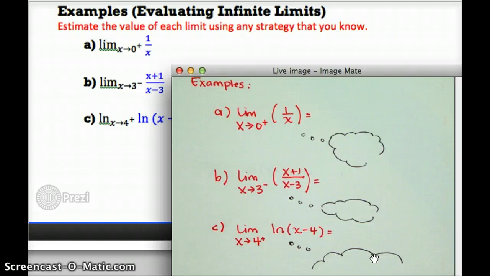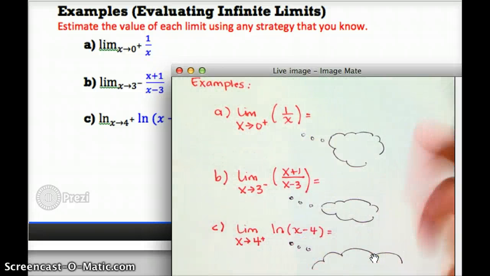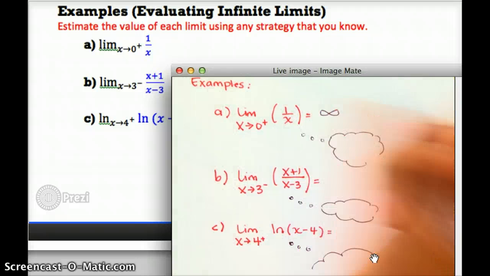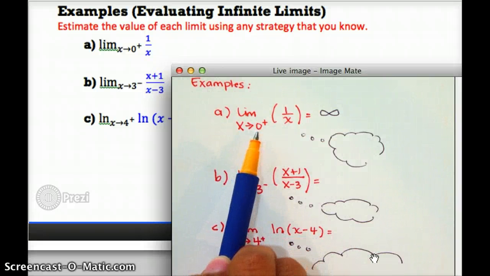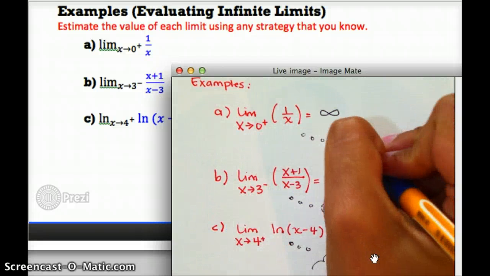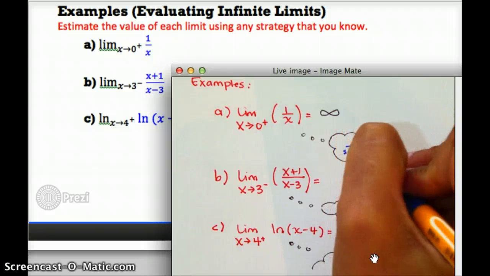Great, so here's how I would think about these. This first limit, I probably would have put into my graphing calculator. And using the table, you should have seen that as we approach 0 from the positive side, 1 over x goes to infinity. The y value explodes. Another way to think about this is if you plug in very small positive decimals, we would have 1 over a small positive number.